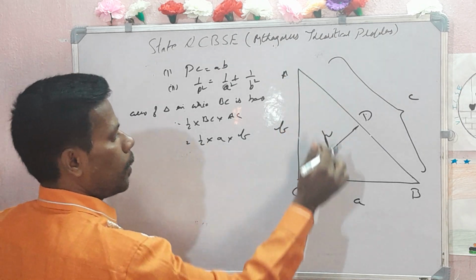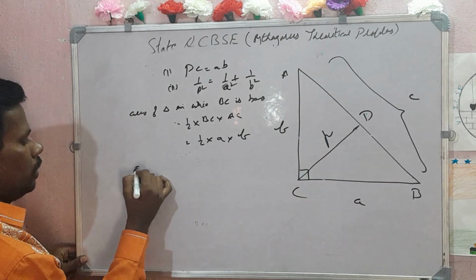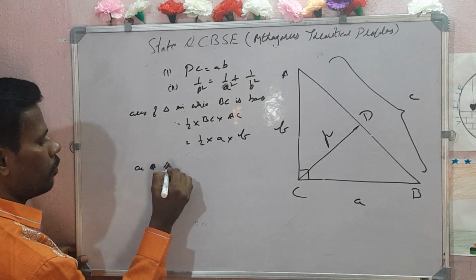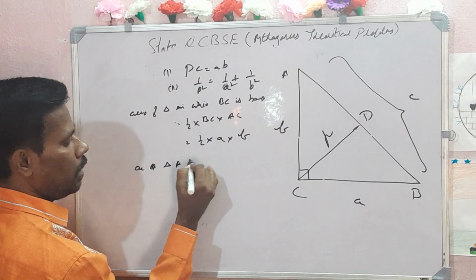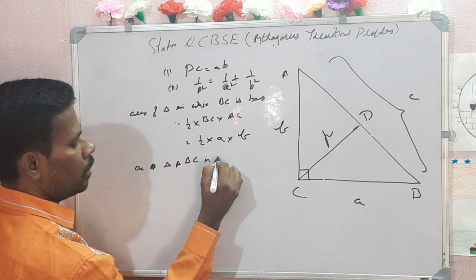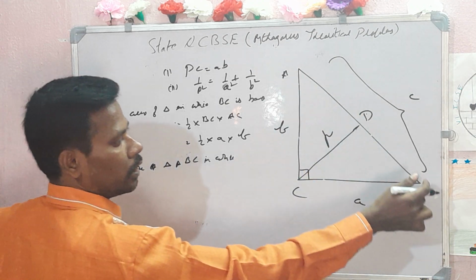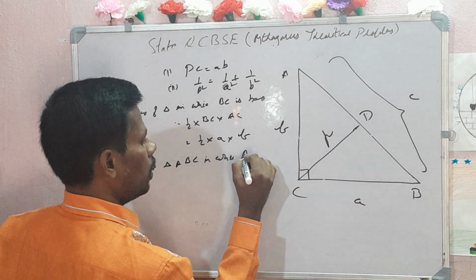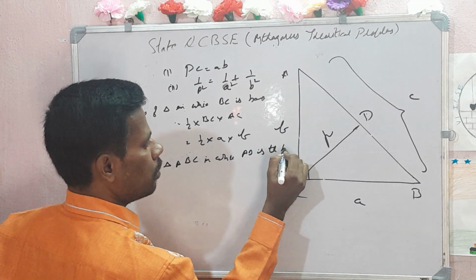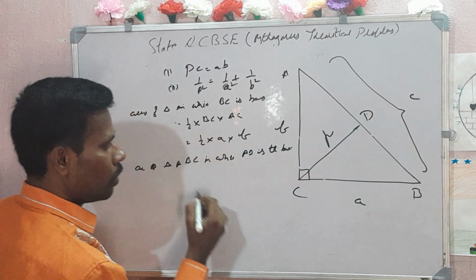Next, area of triangle ABC in which AB is the base. So what is the formula?